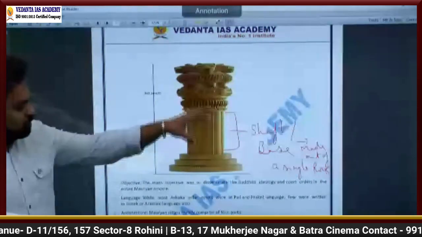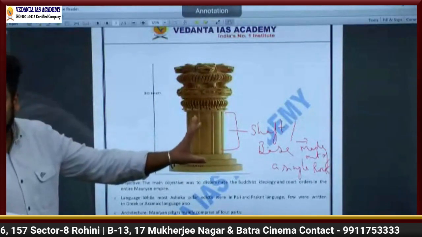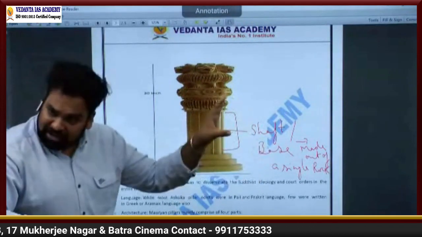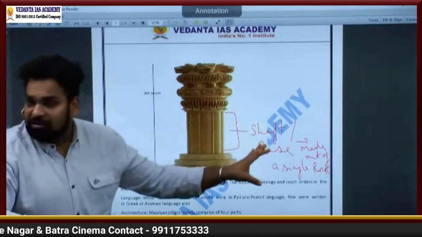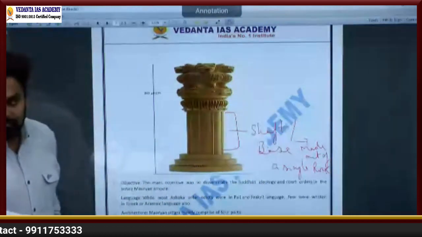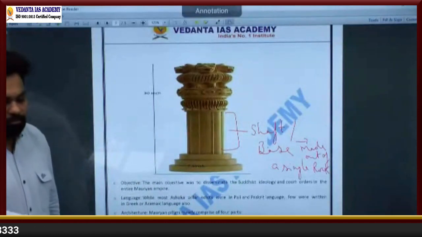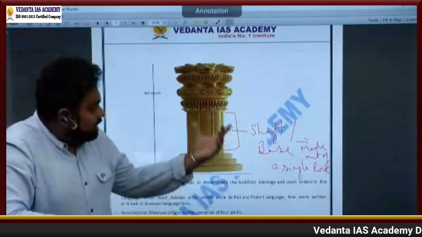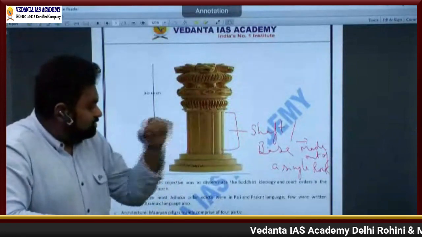So what you people should do is you should actually draw this in a very rough manner ताकि तुम्हें इसके parts जो हैं वो पता लग जाए, because in the exam they sometimes ask you the parts of the pillars, right? That is why I have just taken a picture and am going to explain the parts myself.